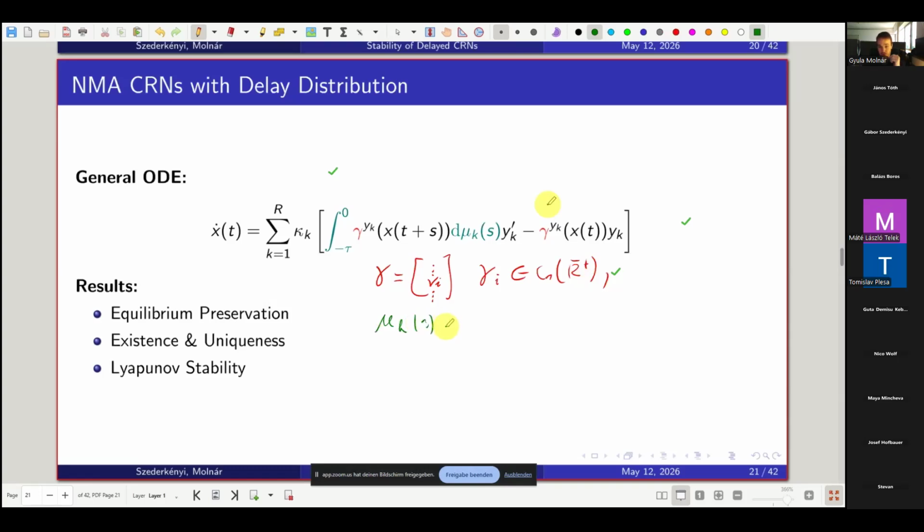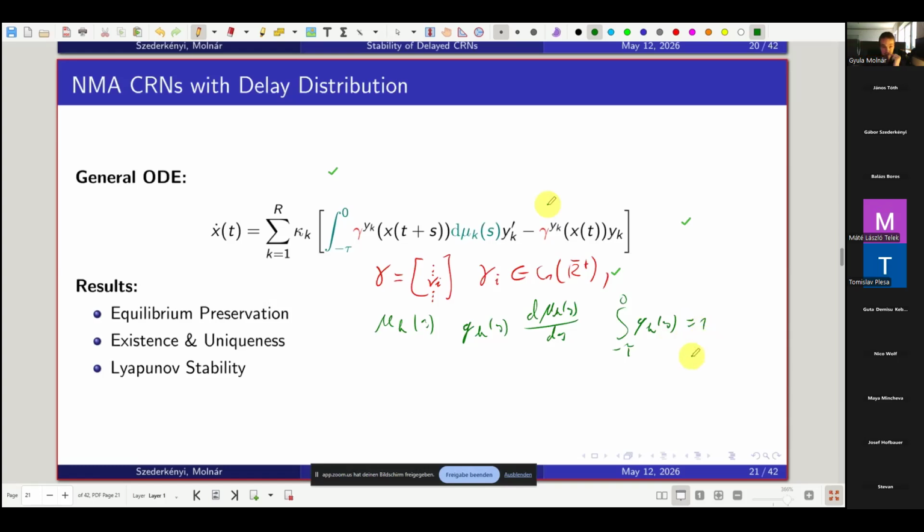And the important property of the delay distribution is that taking its derivative gives this function, and this has to integrate to 1, since this is a distribution function.